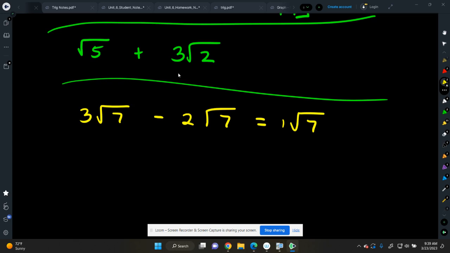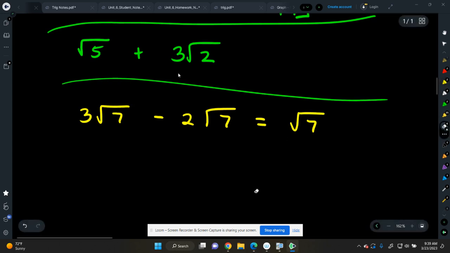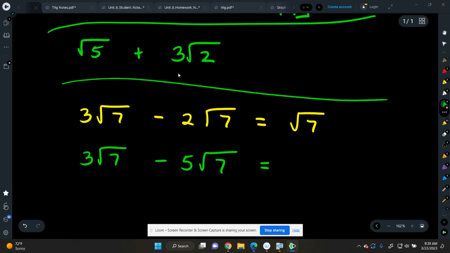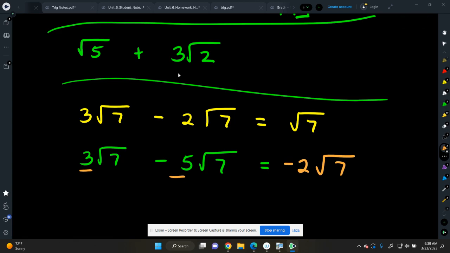Yeah, you can just put root 7. So if I have 3 root 7 and I subtract 5 root 7, right? All we're doing is doing the numbers in front. 3 minus 5, negative 2 root 7.